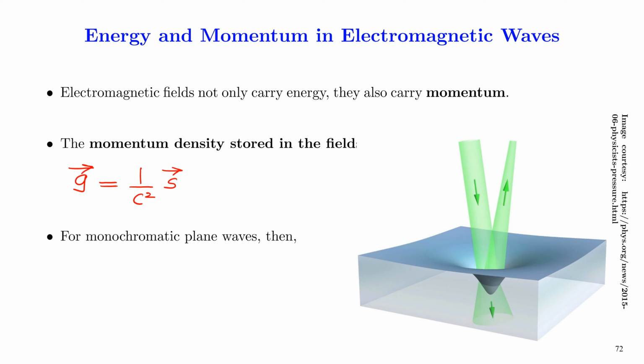And for monochromatic plane waves, G is equal to 1 over c squared multiplied by c u z hat, and therefore this is equal to 1 over c u times z hat.